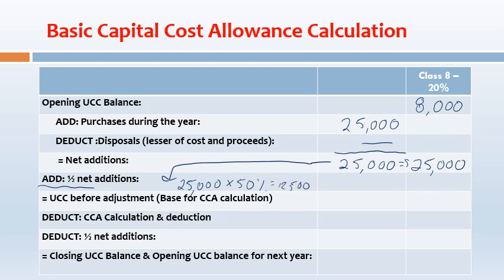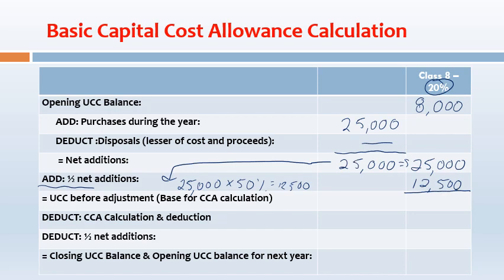Great, this is what I'm adding to the pool. Now this is a temporary measure. I'm adding to the pool and increasing the balance in the pool. Once I multiply it out by my 20% declining balance rate, I'm going to get a larger deduction than I would have otherwise if I hadn't added in that 1/2 net addition.